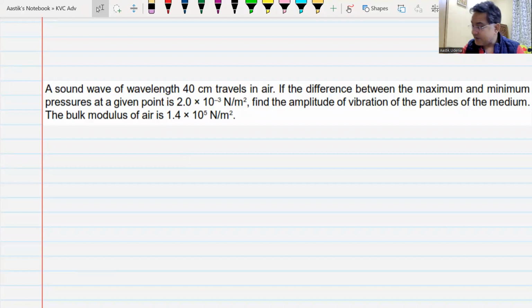A sound wave of wavelength 40 centimeters travels in air. If the difference between the maximum and minimum pressure at a given point is given, find the amplitude of vibration of the particles. The bulk modulus is this much. And you have 2 minutes to give me the answer for this one.